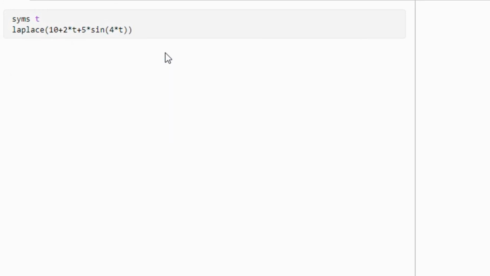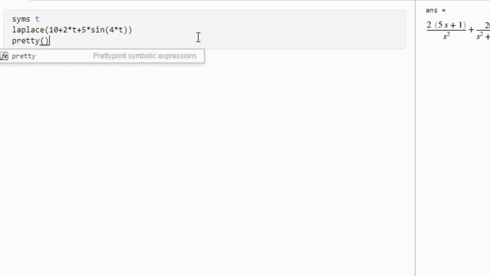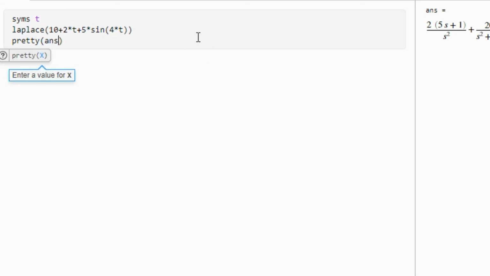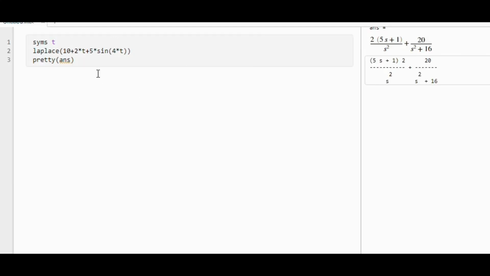After that press the enter button, and you can find the solution. But before seeing the solution you will write pretty answer, and now press the enter button. Now we check what is the answer. So this is your answer and code.